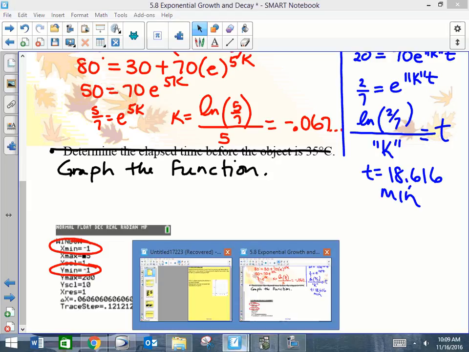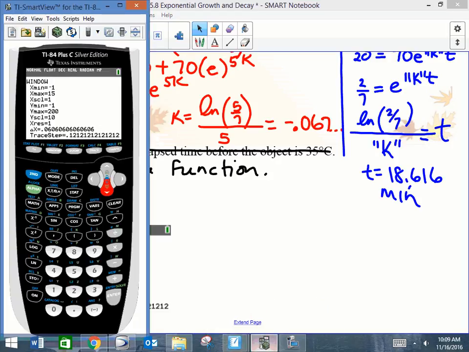All right, now, when you are graphing that function, what's the minimum you're going to have at time 0? 70 plus 30 is going to be 100, right?